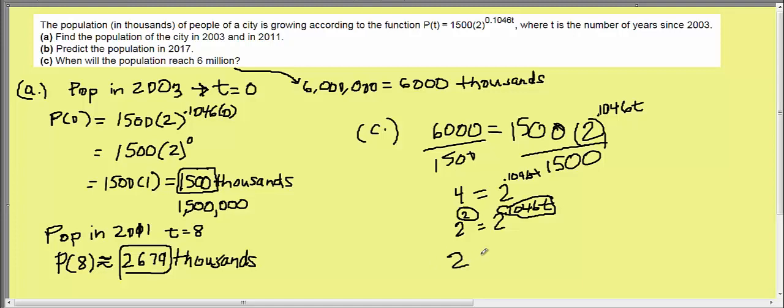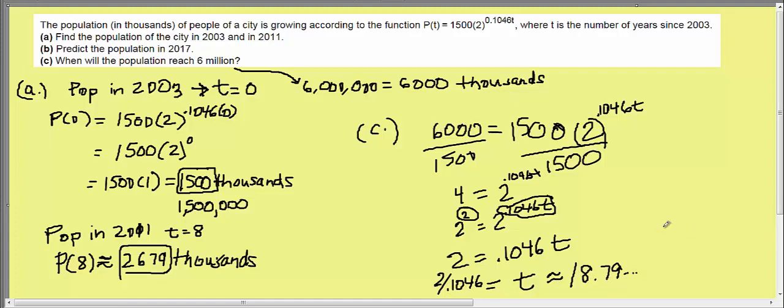So I have 2 is 0.1046 t, and that means that t is equal to 2 divided by 0.1046. So this is approximately 18.79. Okay, so we have between 18 and 19 years that it's going to reach 6 million.